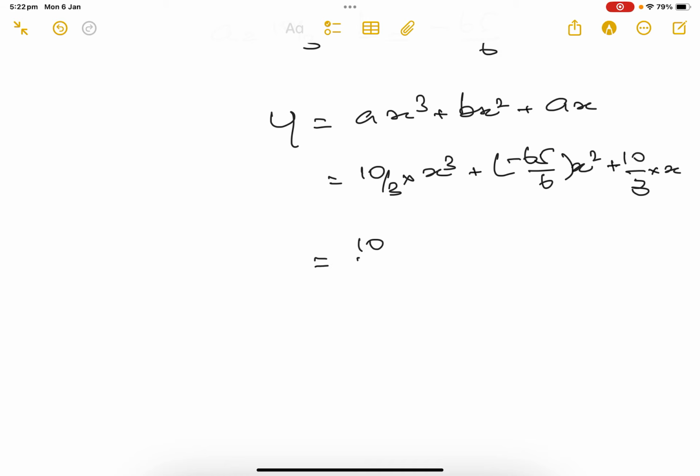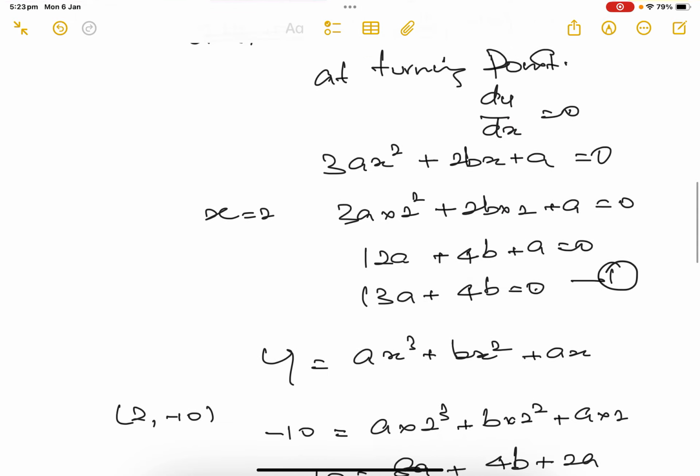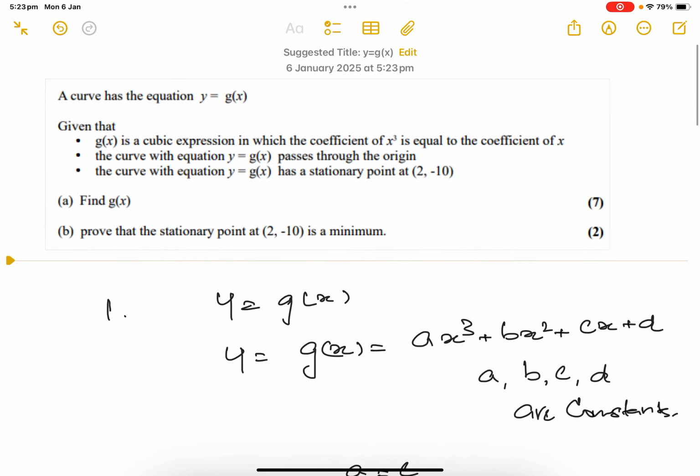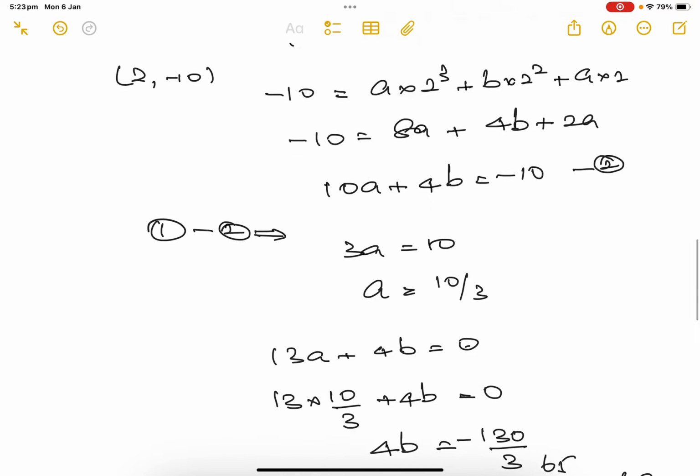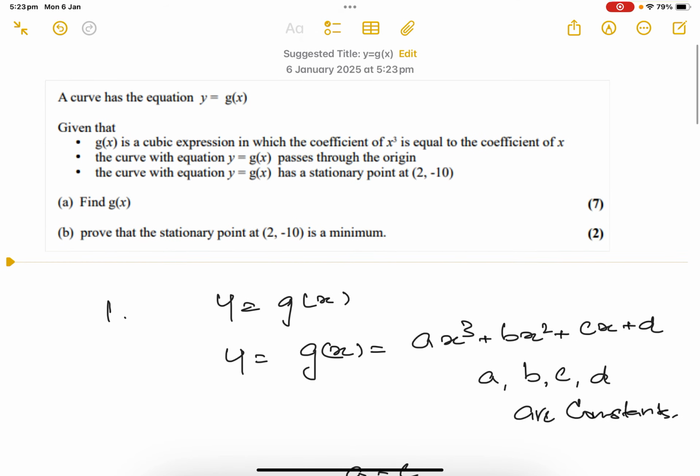So this is 10 over 3 x cubed minus 65 over 6 x squared plus 10 over 3 x. This is the equation of the curve. That is the first question, find g(x). So first part done.